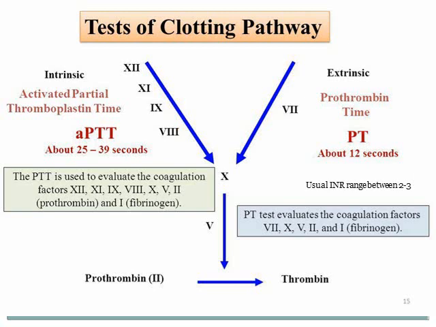Now, as you can see on the picture in front of you, the normal PT is about 12 seconds to clot. So if you and I were to take this test, it should be 12 seconds, and that would be represented as an INR of around 1. Even up to 1.2 is considered normal.